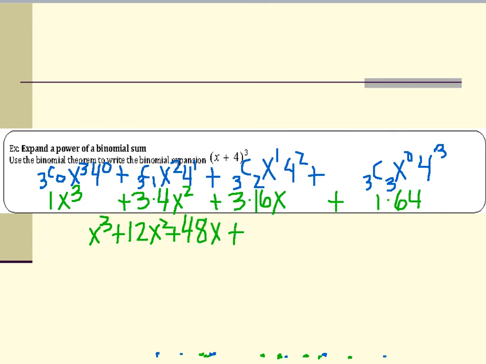Plus 1 times 64 is 64. And this is your final answer. And that will definitely take some more practice. We'll do a lot more practicing on that in class.